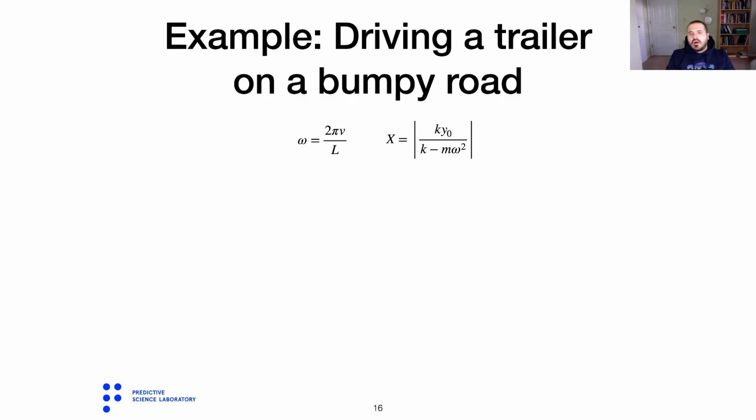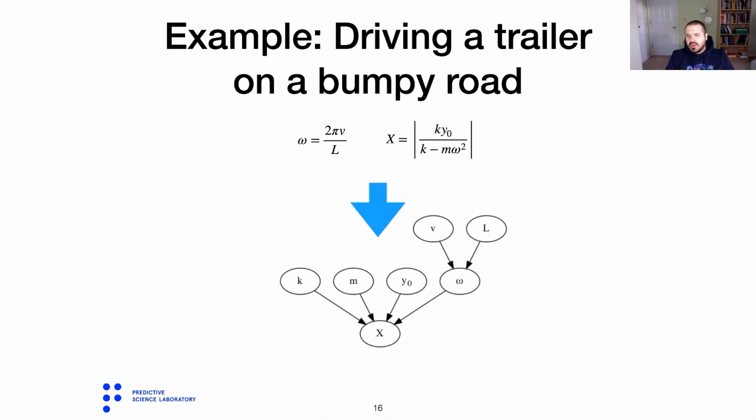Now, this is our model essentially that tells us what the angular frequency and what the amplitude of the oscillation of the spring is going to be. It is a causal model, and we can arrange it in a graph so that its causal structure becomes apparent. This is the graphical interpretation of what is found in these equations.